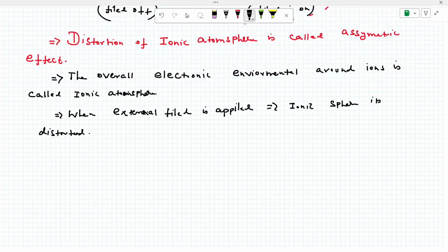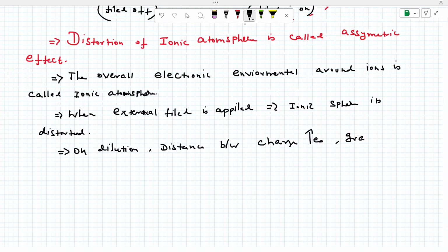Okay. Therefore, on dilution, the distance between the charges increases gradually. The ionic atmosphere vanishes.